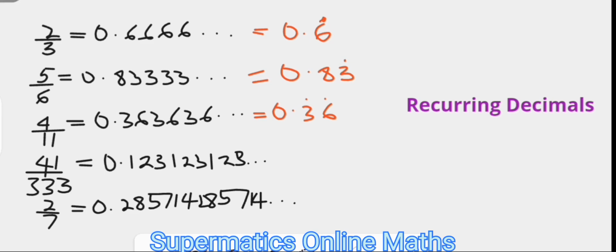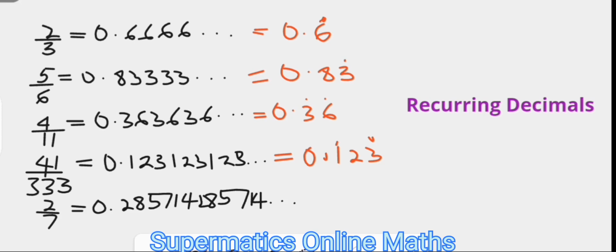The next one is written as 0.123. Now, we could put dots on the 1, 2, and 3 to show that they continue like that forever. However, only the first and the last are necessary. So we could write it as 0.123 with dots on 1 and 3.